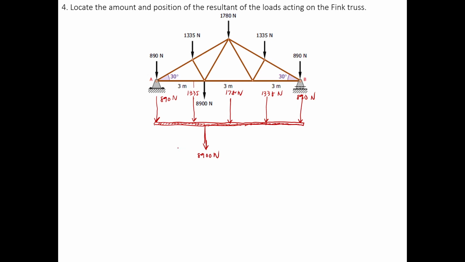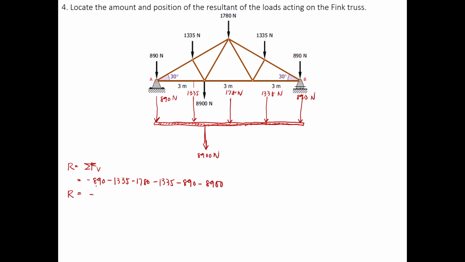Okay, so the first thing to do is again to get the resultant vertical force. So getting the resultant force: summation of forces vertical. That will be negative 890, then negative 1335, negative 1780, negative 1335, negative 890, negative 8900. So 1, 2, 3, 4, 5, 6. 6 forces in total.